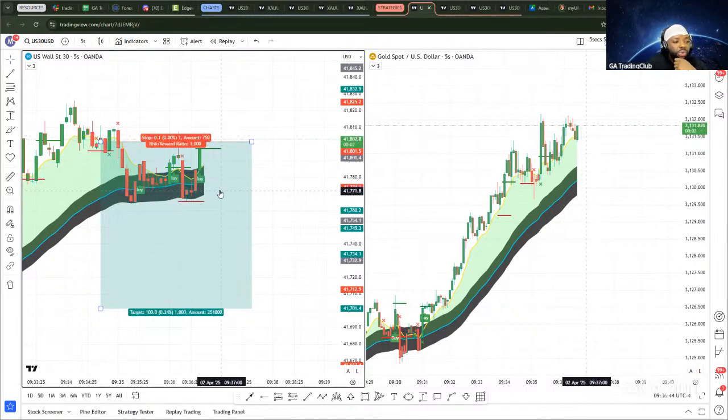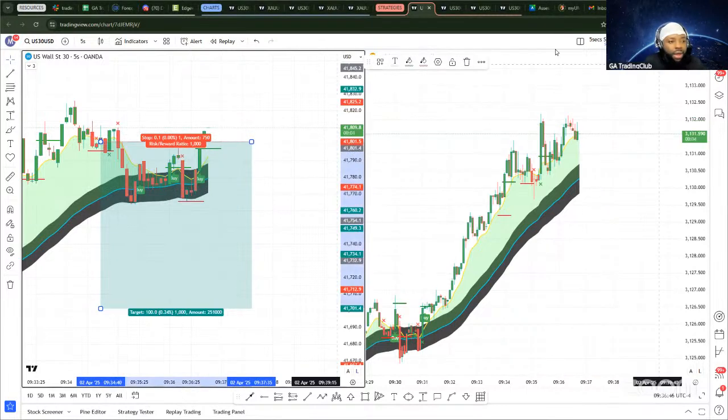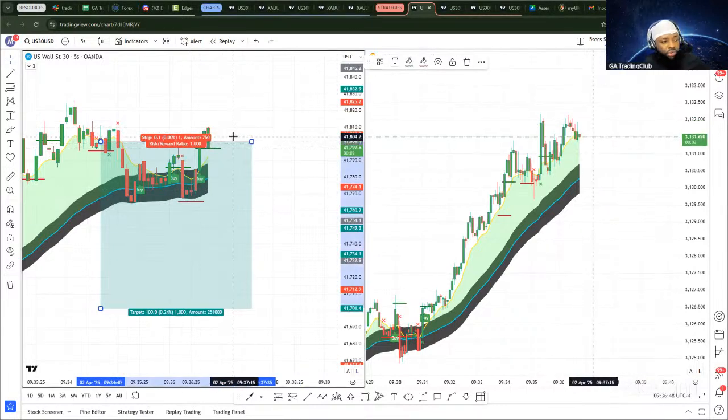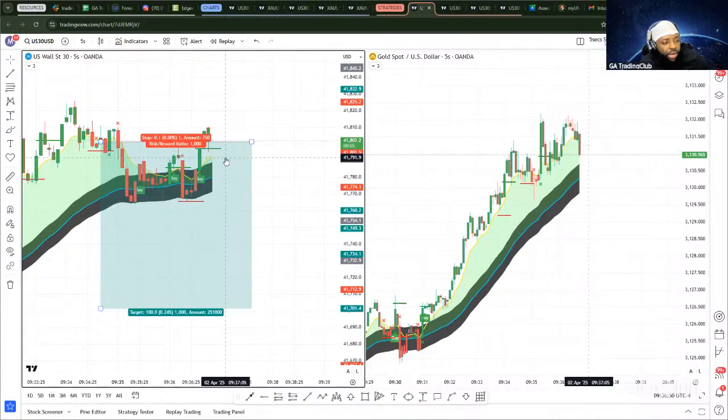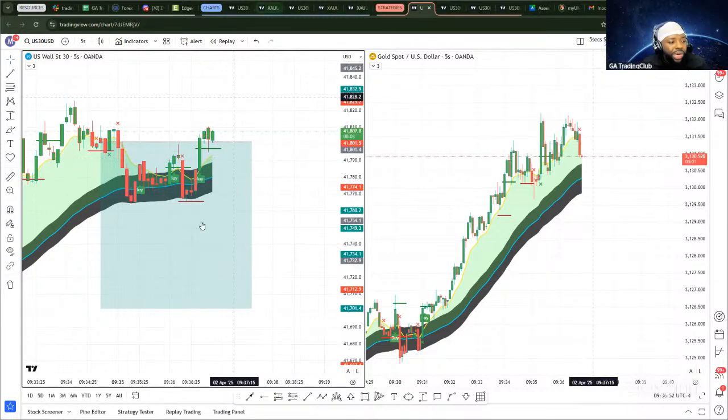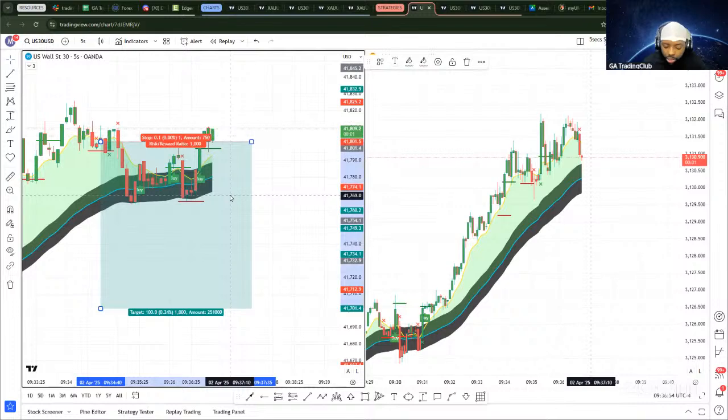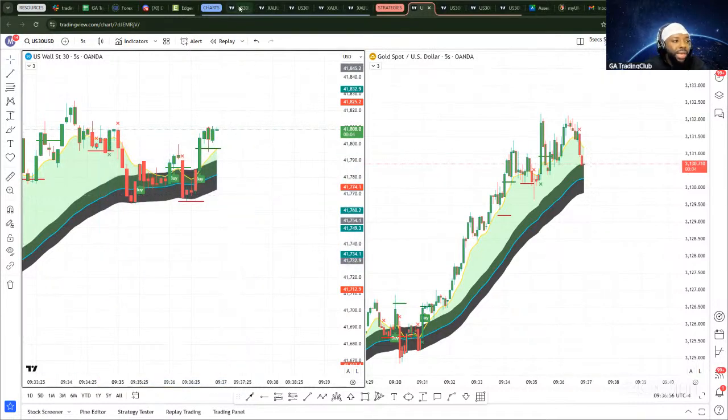Okay, so this trade would have ended up at break even. If you took it for a 1:1, you would have had your profit for the day. If you took it for a 1:5 with break even set at 1:1, you would be out at break even.